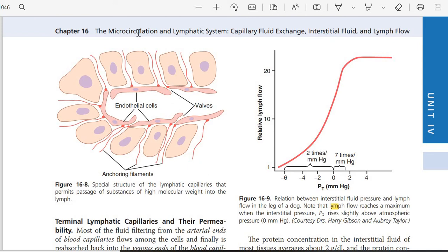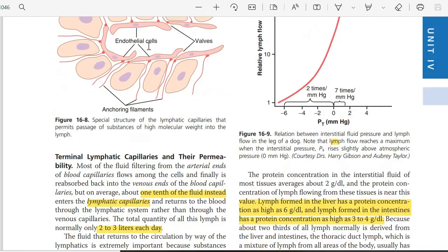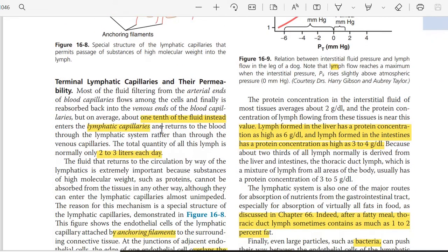So fluid or lymph with high molecular weight substances can enter the lymphatic duct, but it can't go back because of the flap and closing action of this valve. This is thanks to this slit-like structure and the anchoring filaments.